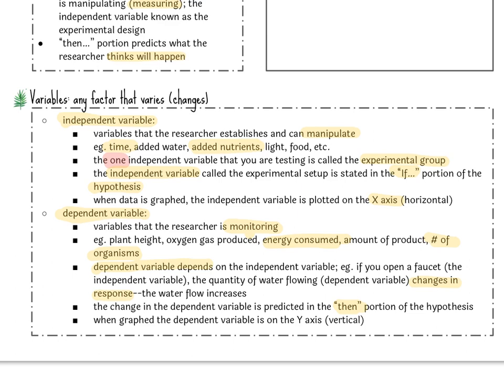And again, we'll take this data, we'll graph it, and we will graph it on the y-axis, or the vertical axis, the one that goes up and down. Okay, so that can be another thing that's really confusing, remembering which variable is which, but hopefully we can work that out, because independent is the one that I am changing, and the dependent depends on whatever you're changing.